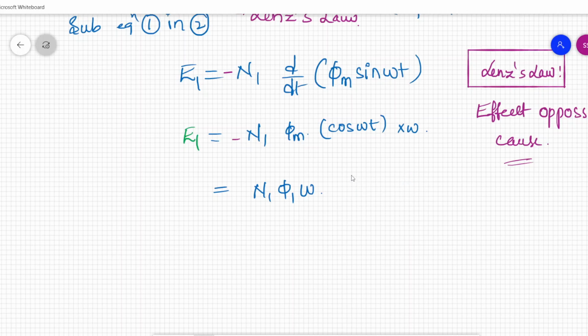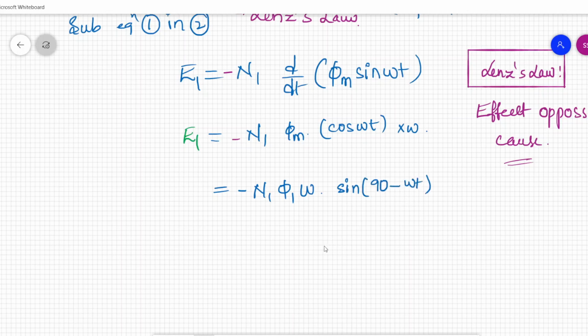I am converting cos omega t into sine: that will be sine of 90 minus omega t.